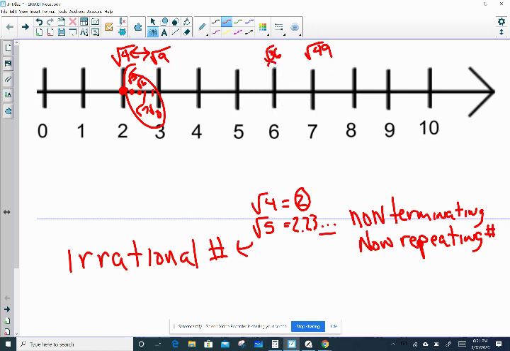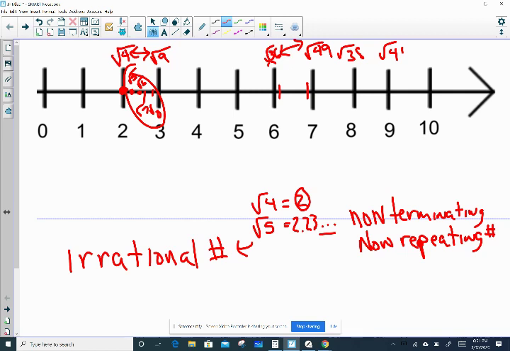So guess what else? That means the square root of every number between 36 and 49 is in here, meaning all of those numbers, square root of 30, square root of 38, square root of 41, those are all going to be irrational numbers. Non-terminating, non-repeating decimals are irrational numbers.